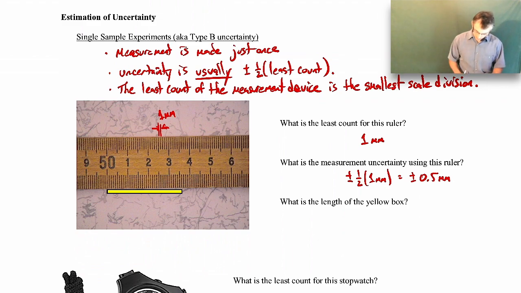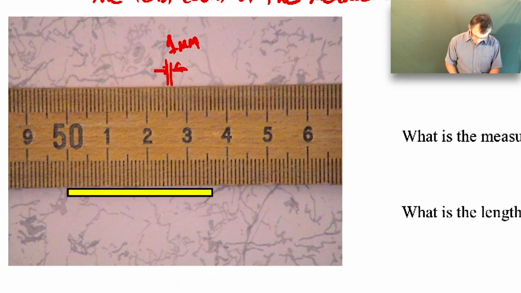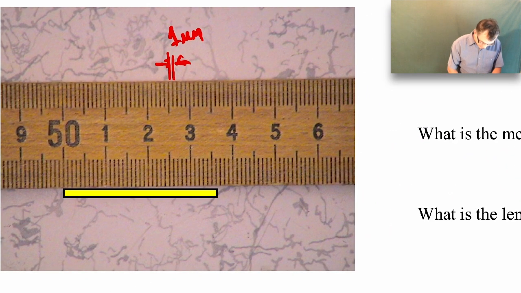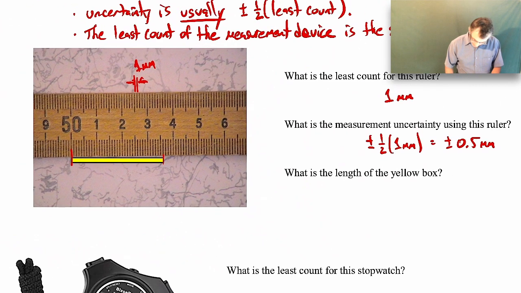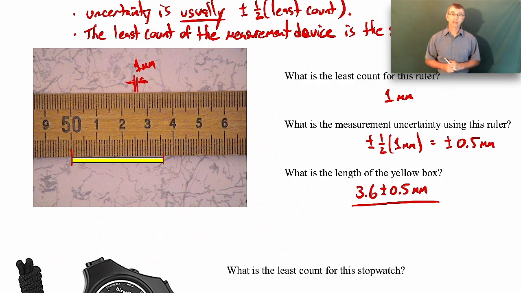So let's see, what's the length of this yellow box? Let me zoom in on it. Over here, we've got this aligned with this end. And over here, it looks to me like it's lined up right about here, which would be about 3.6 centimeters. So what's the length of this yellow box? The way we would report it would be 3.6 plus or minus 0.5 millimeters. That's how we would report that measurement.